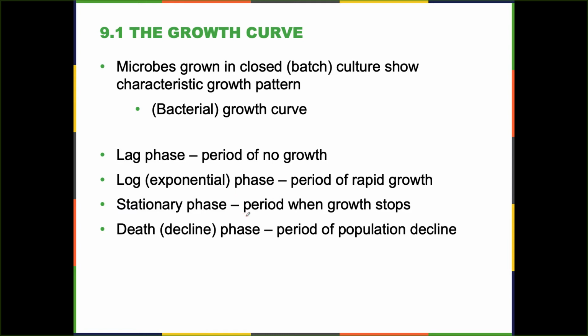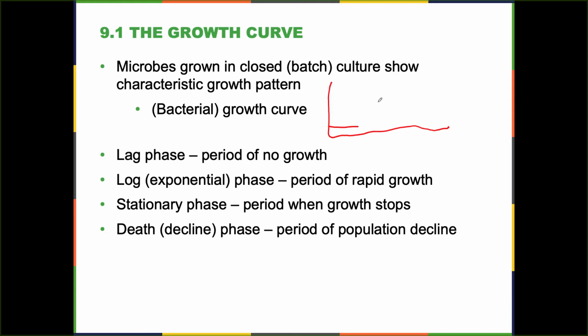So let's draw this out before we even look at our graph, right? Although some of you may have already seen the picture, but that's okay. That's supposed to be a graph, right? So on a graph, based on what we just know, what would a period of no growth look like? Right, a straight line, because we should see that as a straight line, right? So good. The lag phase then should look like a straight line.